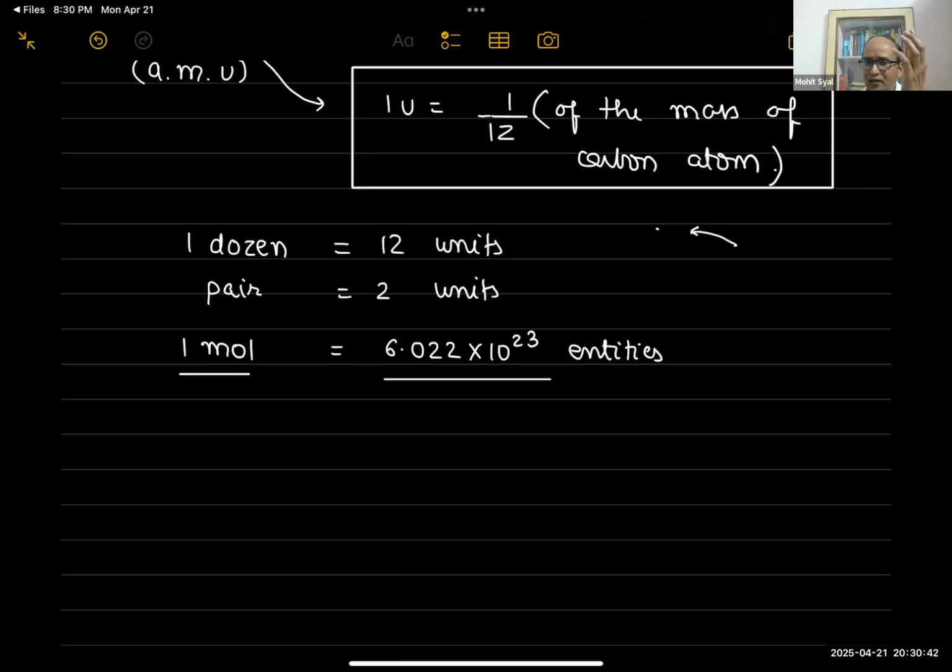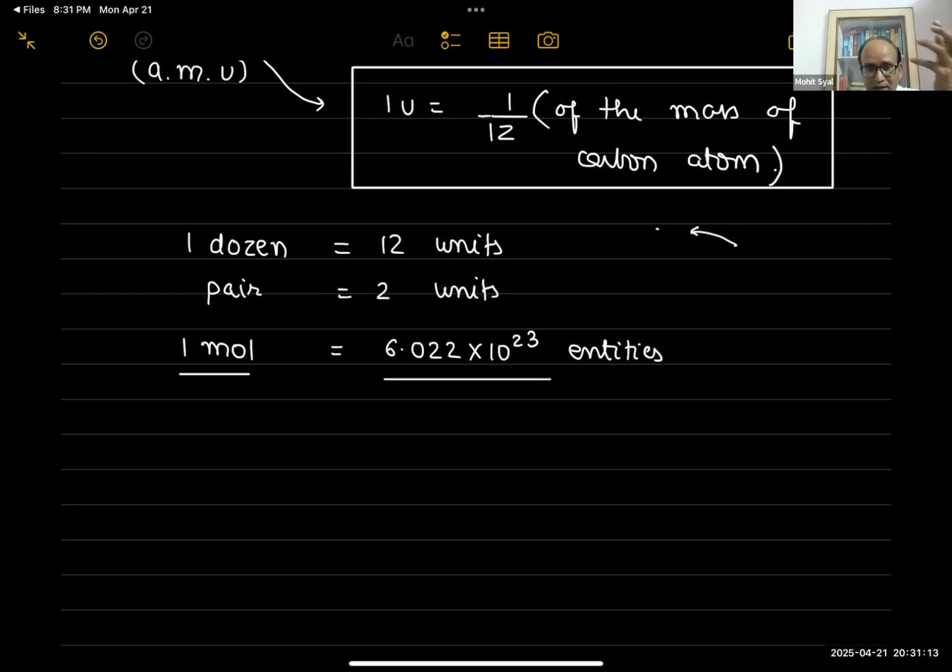It is a general thing: if you are counting molecules, the entities will be molecules; if you are counting ions, it will be ions; if you are counting electrons, 6.022 into 10 to the power 23 electrons. You can count anything, even day-to-day life objects, but that doesn't make sense because they are too big and we can't have that many objects.